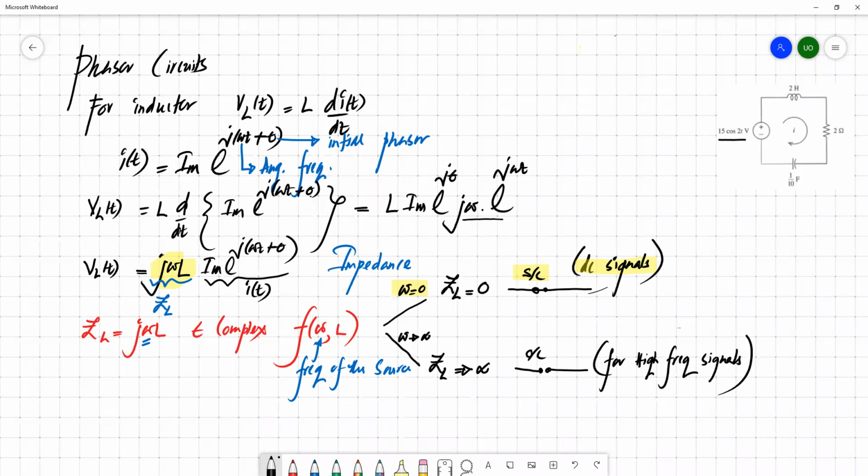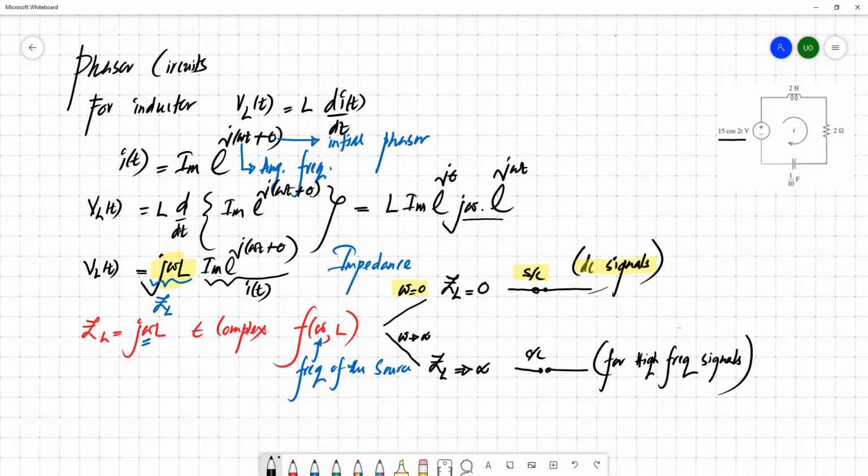So for high frequency signals, the inductor acts as an open circuit element. These are the two conclusions from the impedance of the inductor. If it is a DC signal, the inductor acts as a short circuit element. If the signal has a higher frequency, you can treat the inductor as an open circuit element.